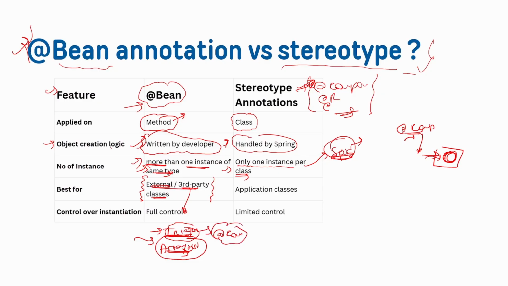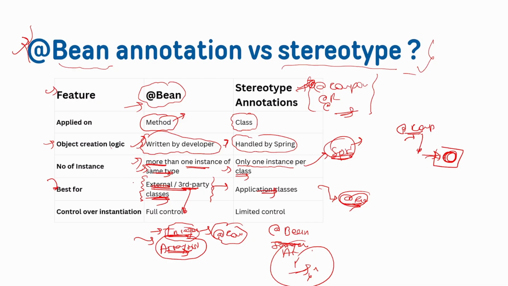For all these types of classes, the bean annotation is best, because we simply go to the configuration, type @bean, and type the type that we want to return, like ArrayList, write the object creation logic and return it. But using the stereotype annotations, we cannot go to that class and mark it with the component or service annotation.